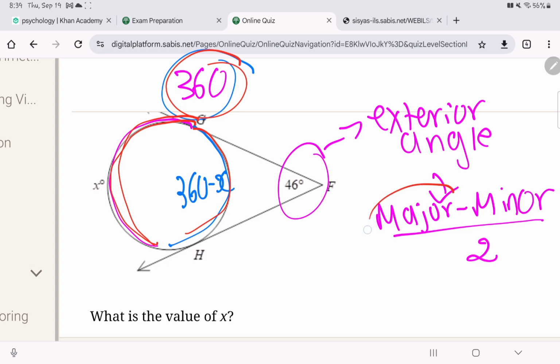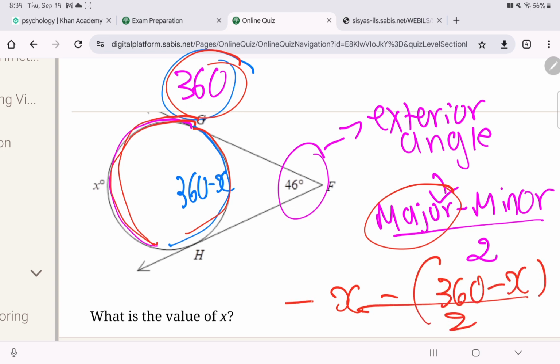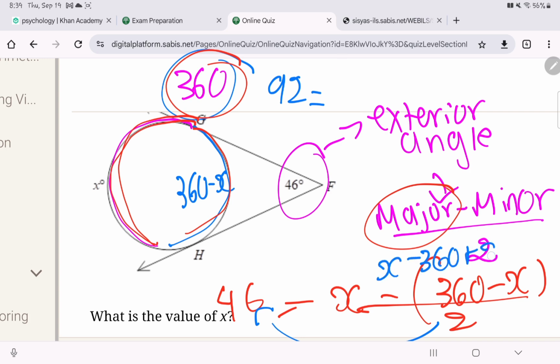Our major is what then? x. And our minor is 360 minus x, over 2. All of this is equal to 46. Then we solve it further. We're going to have 2 times 46, which is 92, is equal to x minus 360 plus x.